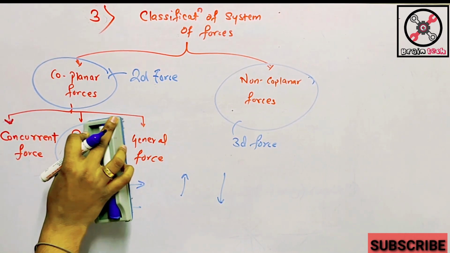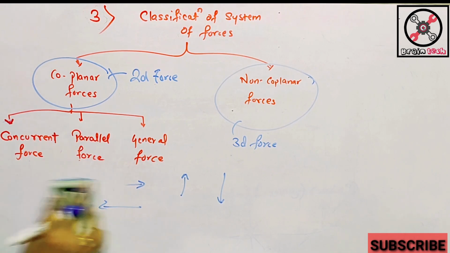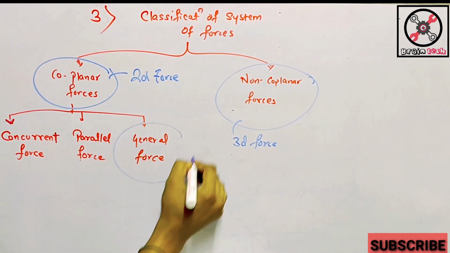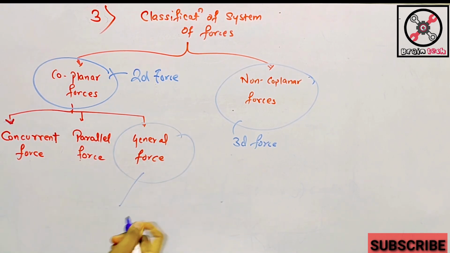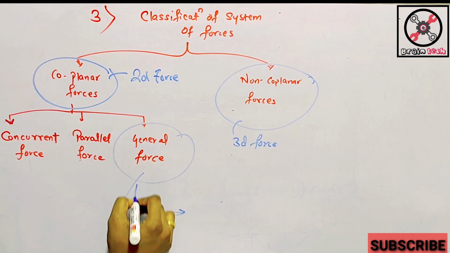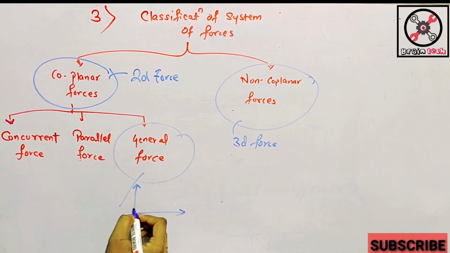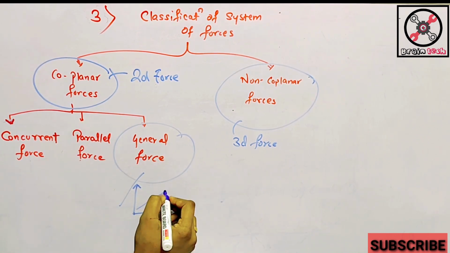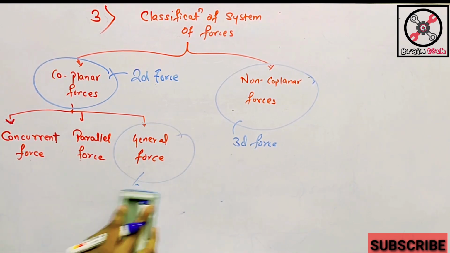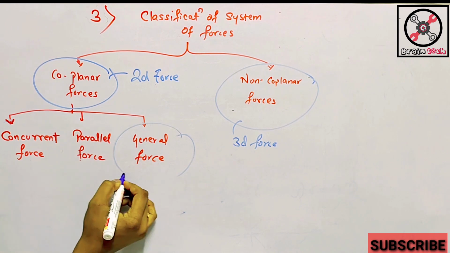The next we are going to see is general system of force. And the word general itself means what? All the forces. The force can be in x direction, the force can be in y direction, the force can be in any direction, inclined, it can be anything. So this is known as general system of forces.